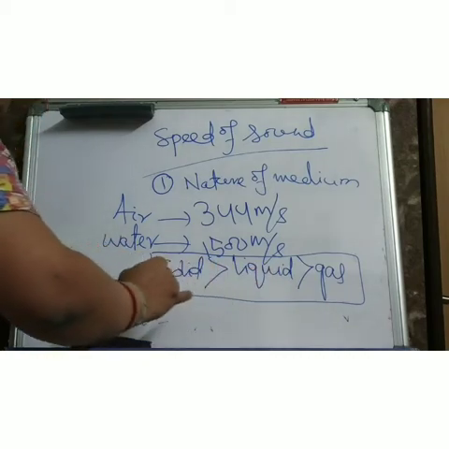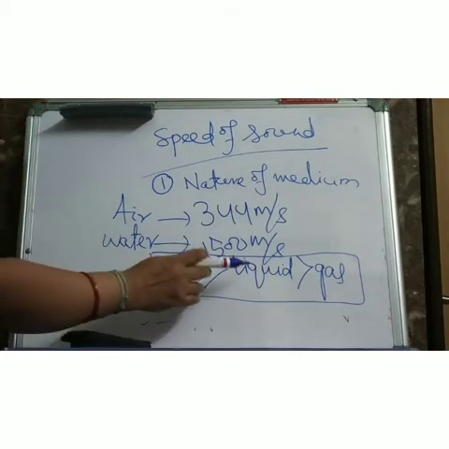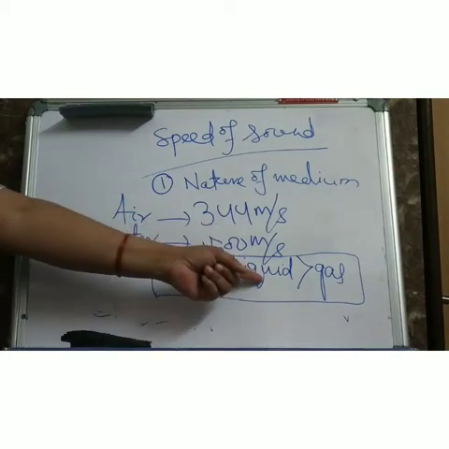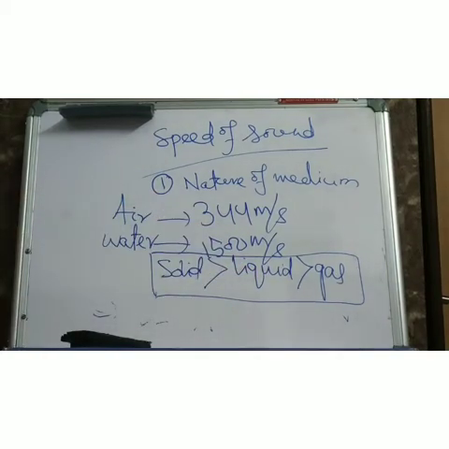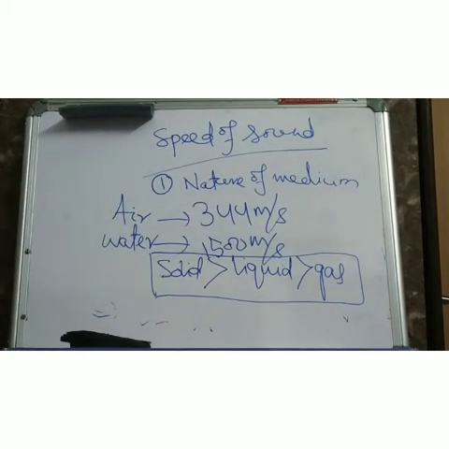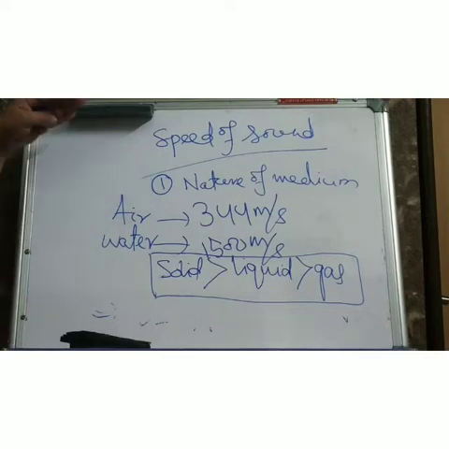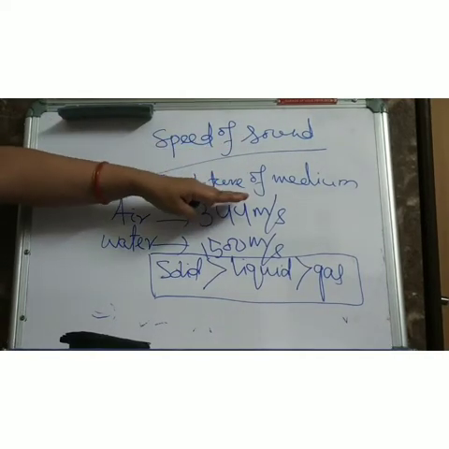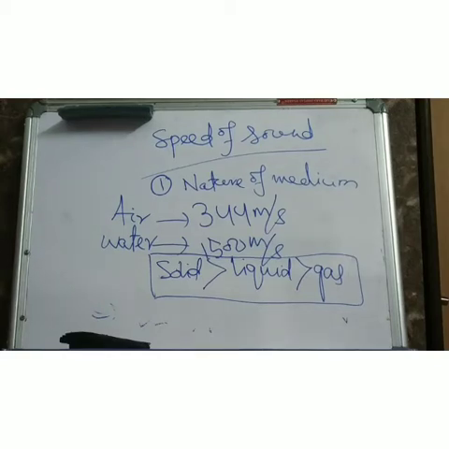So fastest in solid, faster in liquid, and least in gas. So this is the first factor which affects the speed of the sound: its dependency on the nature of the medium at room temperature.